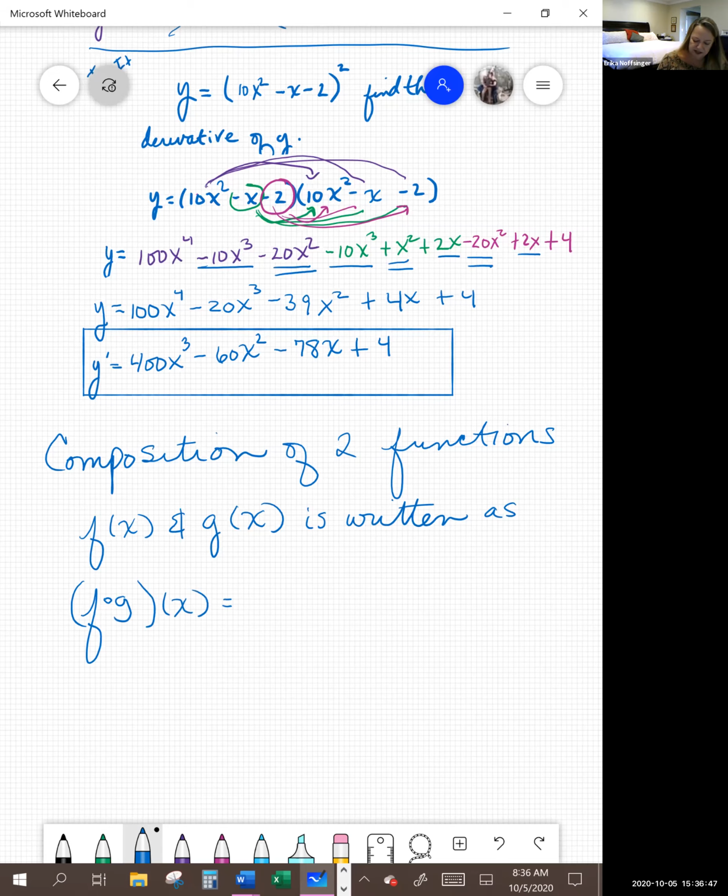But this really means f parentheses of g of x. So you're basically plugging in g of x wherever you see an x in f of x. So order matters here, which function goes where.